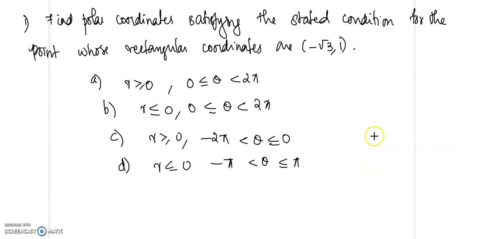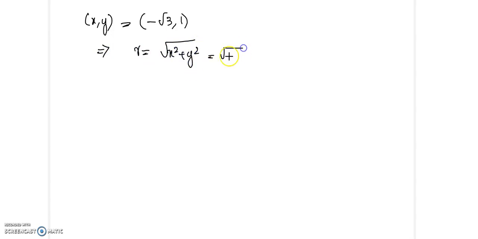So we are given the point whose rectangular coordinates are minus root 3 and 1. So x, y is minus root 3, 1. That implies r will be root of x square plus y square. So we will get root of 4, which is equal to 2, and theta will be equal to tan inverse of y by x.